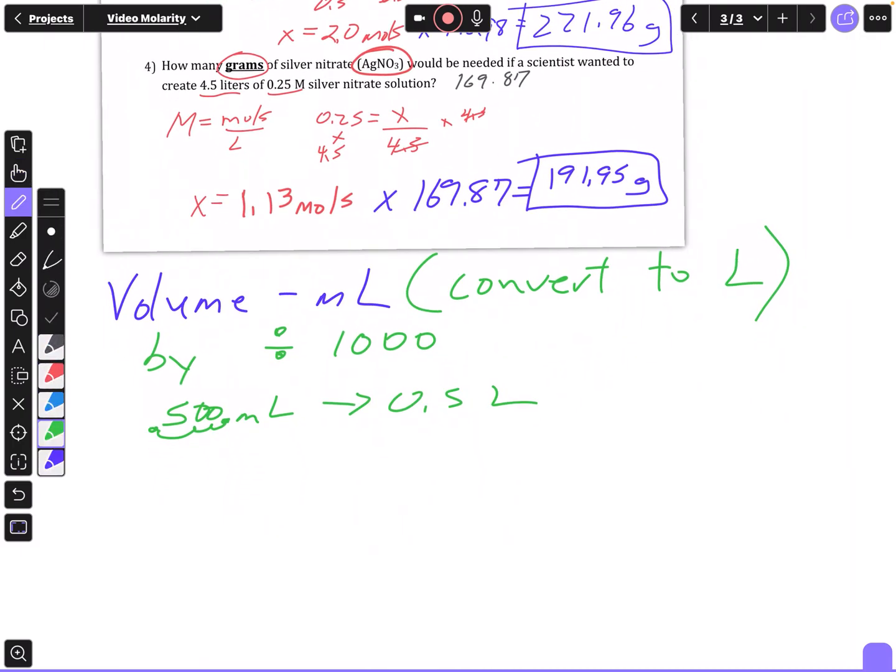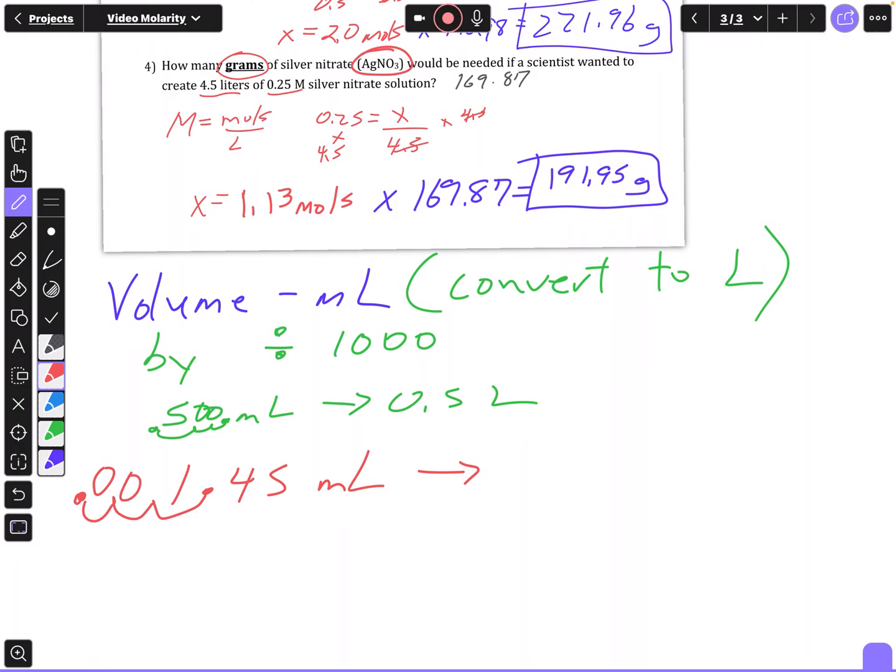Say I was given another example. I was given a volume of 1.45 milliliters. I will need to convert that to liters. Again, you could divide 1.45 by 1,000, or you simply can move your decimal 3 places to the left, which would be 1, 2, 3.